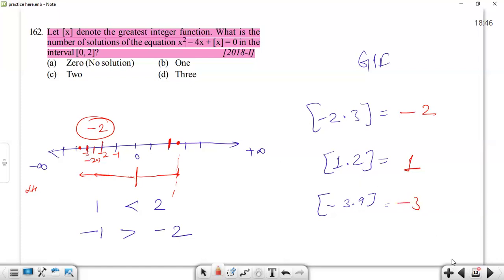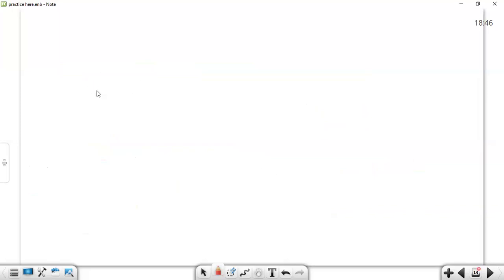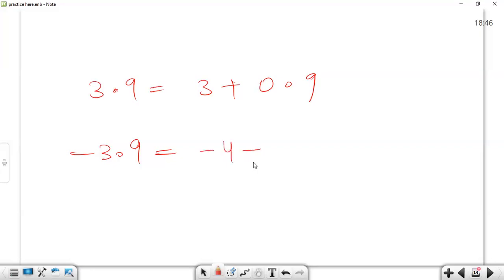And it's about considering that 3.9 can be written as 3 plus 0.9, and minus 3.9 can be written as, I guess I'm missing something. Minus 3.9 can be written as minus 4 plus 0.1. Okay. And yeah, so it is the concept.